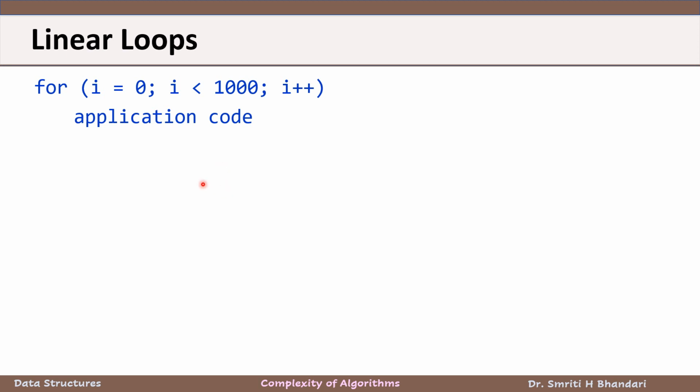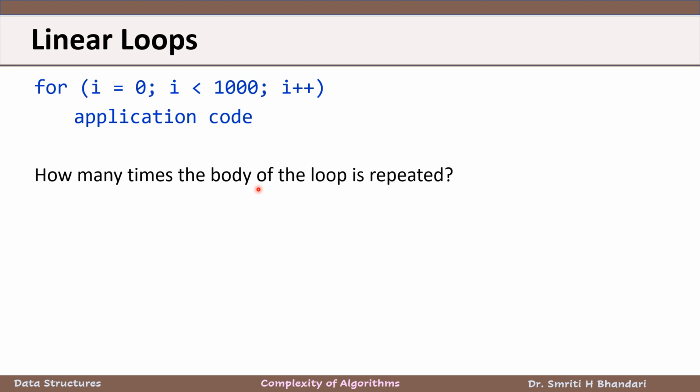So let's try to answer this question. How many times is the body of the loop repeated? Obviously the answer would be 1000, right? So here n is 1000, and the number of times this loop gets executed is 1000.